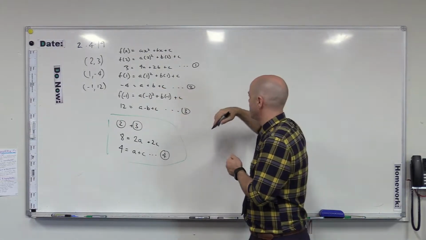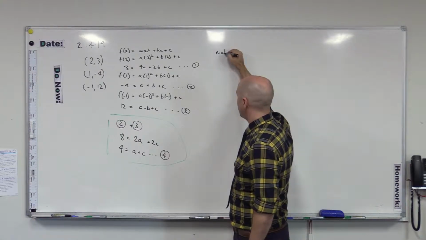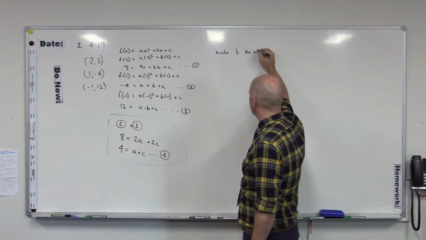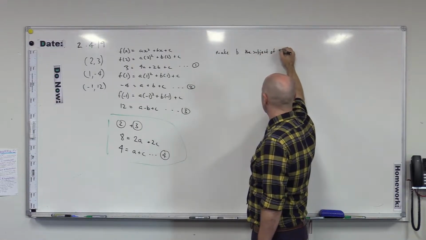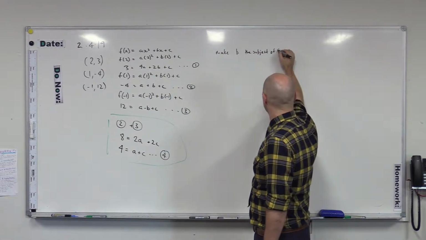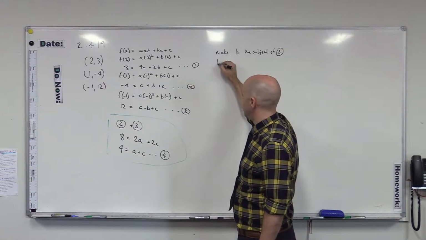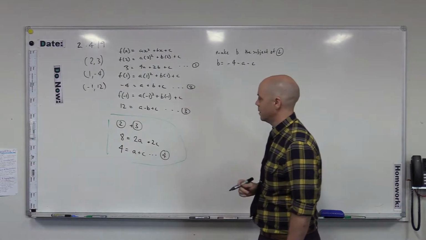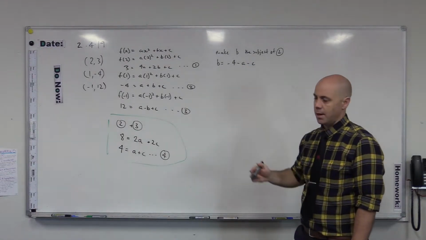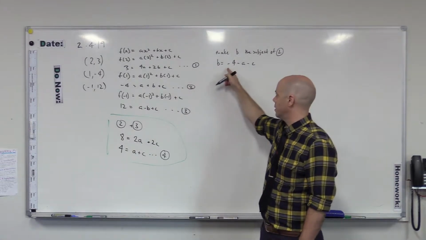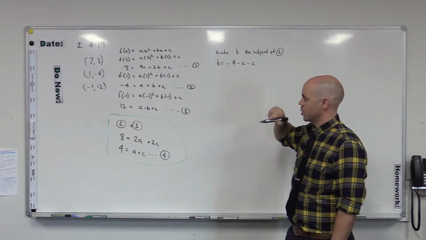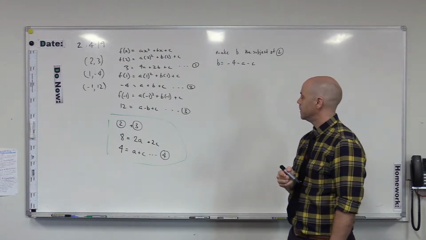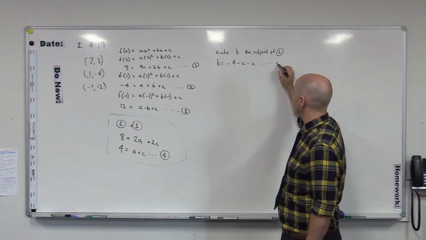And so I write that down as a step. So make b the subject of 2. And so that becomes b equals -4 minus a minus c. Have a look at that one later if you guys want to make sure that you know how I've got that. But I've just moved everything to the other side. So it's -a on the other side, -c on the other side. So that's equation number 5.